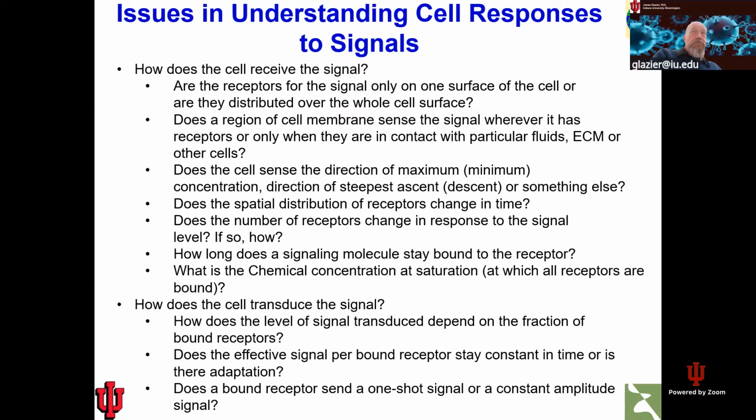And then because the cell is an extended object, does the cell sense the direction of maximum or minimum concentration, direction of steepest ascent, or something else? Typically in CompuCell, there's an option. You can have the chemotaxis apply to the center of the cell, which responds as a unit to the gradient around it.